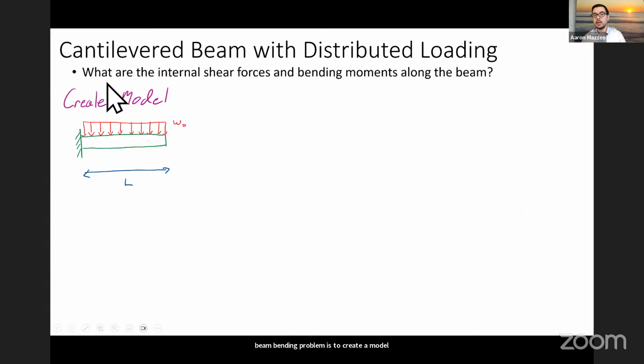It says a cantilever beam with distributed loading. I could have said distributed loading across it, and distributed loading in the downward direction, where we have some constant magnitude for that distributed force, W naught. And the question is, what are the internal shear forces and bending moments along the beam?